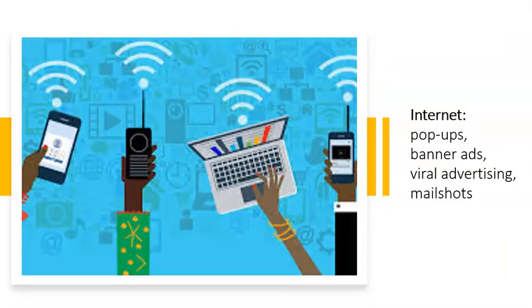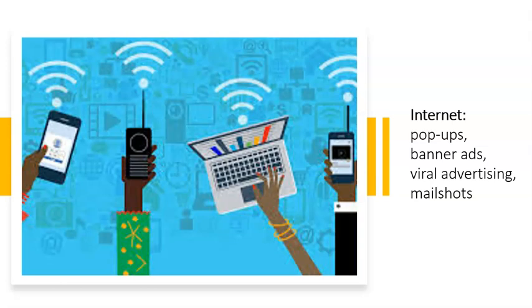On the internet, pop-ups, those annoying things that disturb us when we're trying to do work. Banner ads, more annoying things that appear around our screens when we are working. Viral advertising, well, this has become massive with social media.